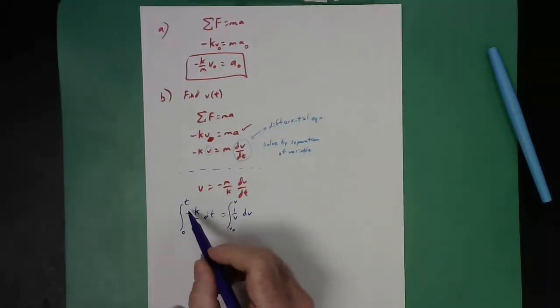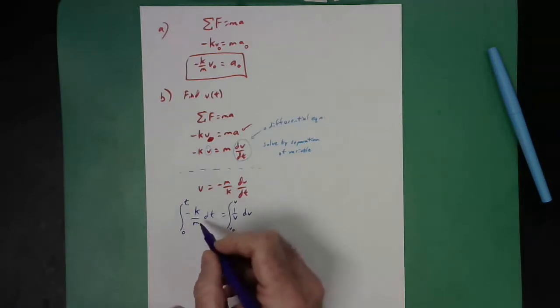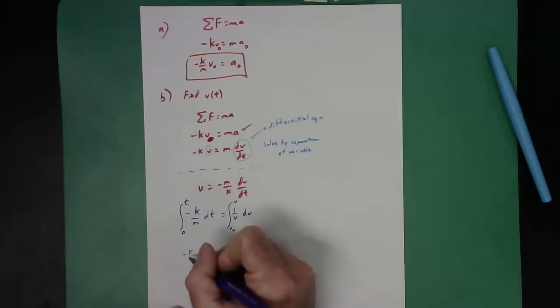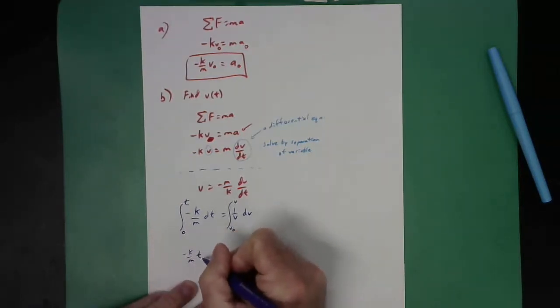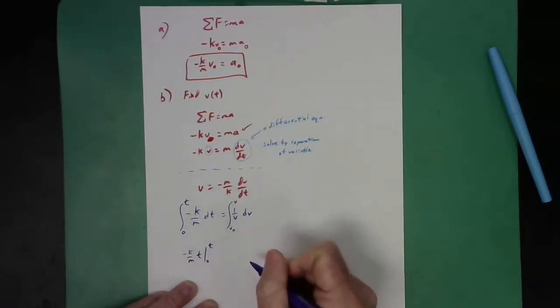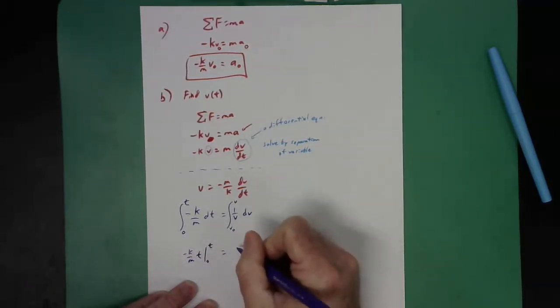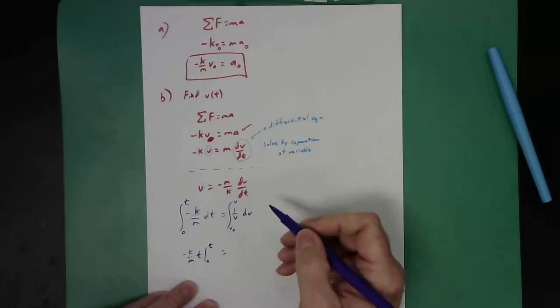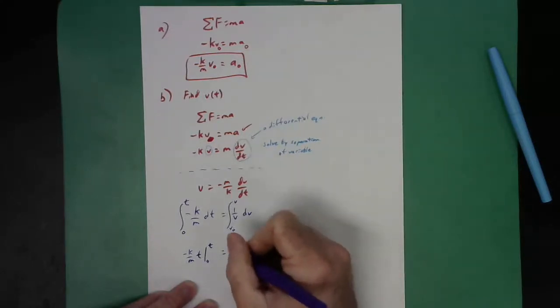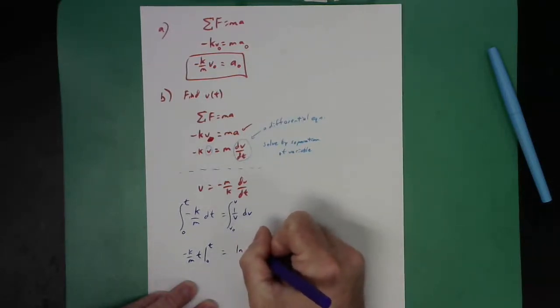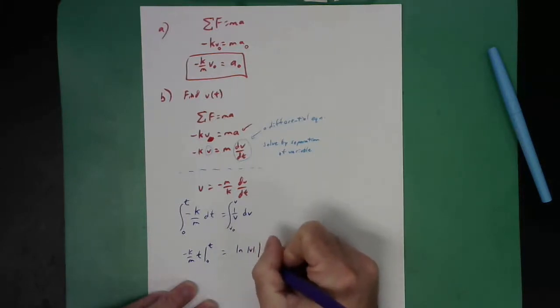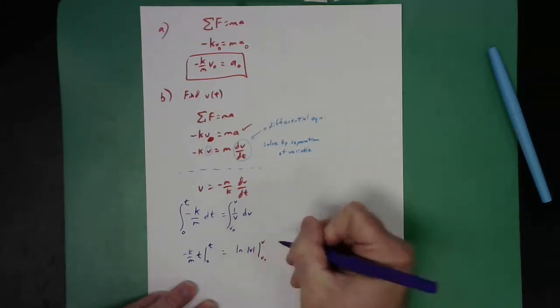Now integrating this, this is actually a pretty straightforward integral because these are all constants. So the integral of that is just going to be -k over m times t, evaluated from 0 to t. And on the other side, I'm going to have the integral of 1 over v dv. That's going to be natural log of absolute value of v, evaluated from v naught to v.